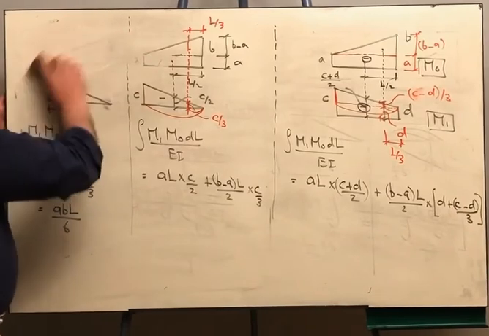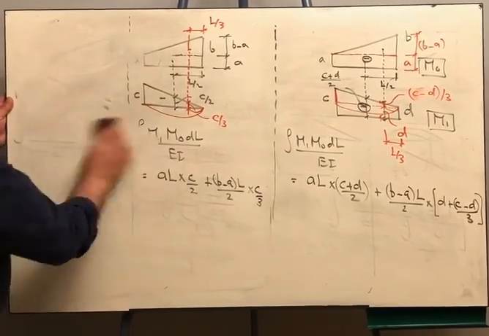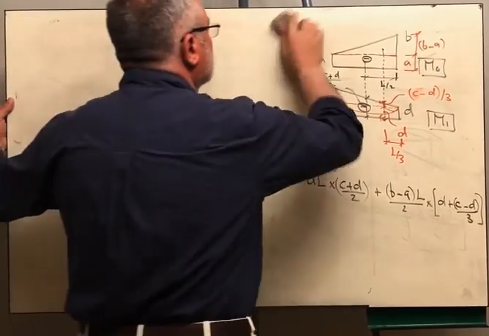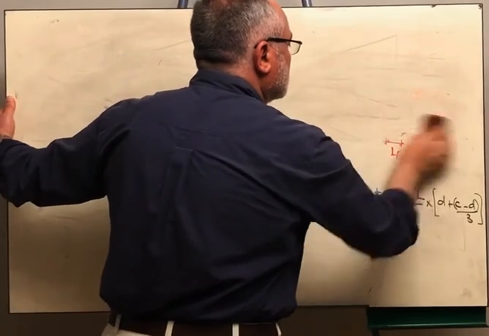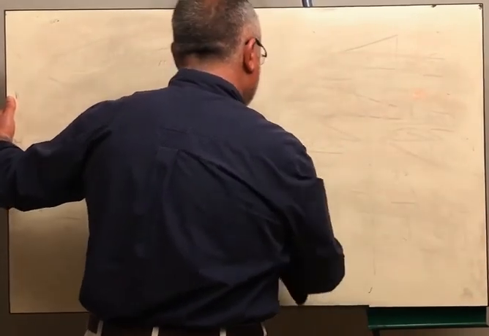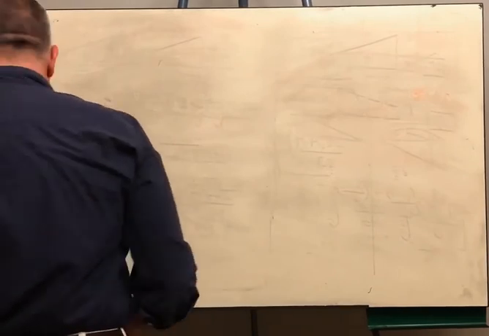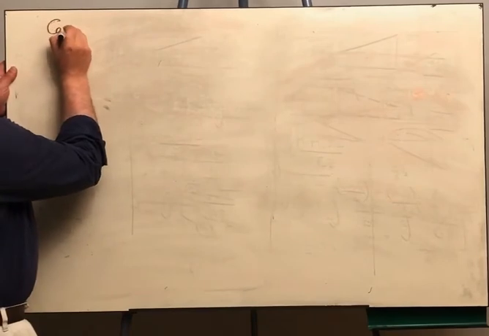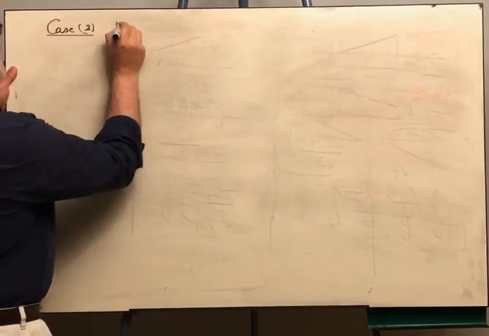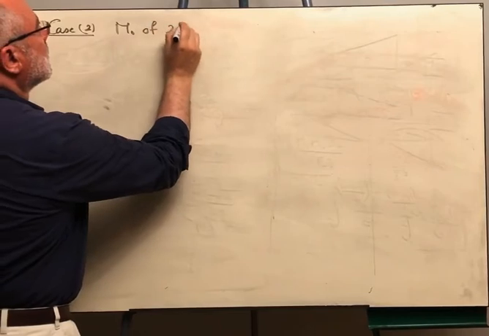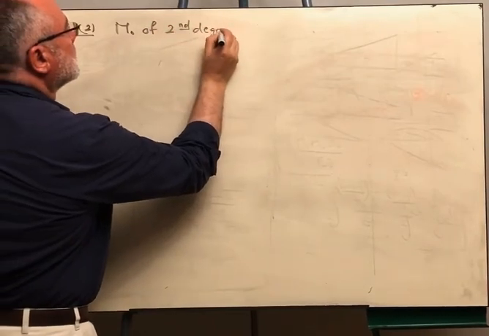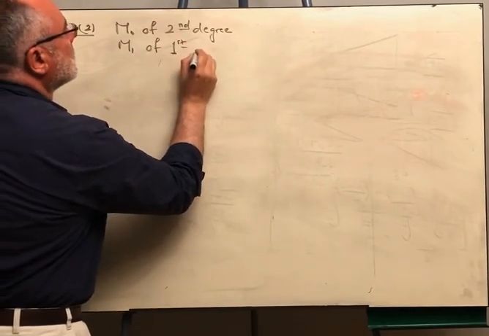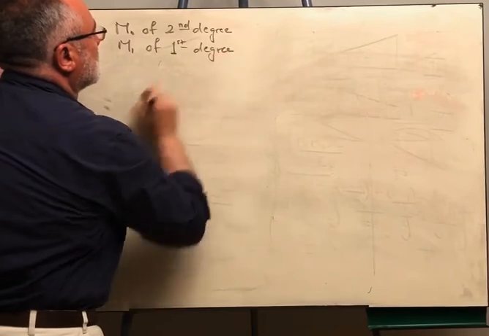Let us see. So we are having case 2, M naught of the second degree and M1 of the first degree.